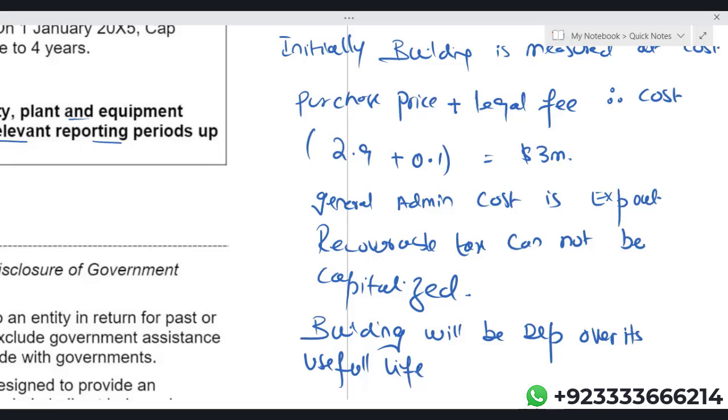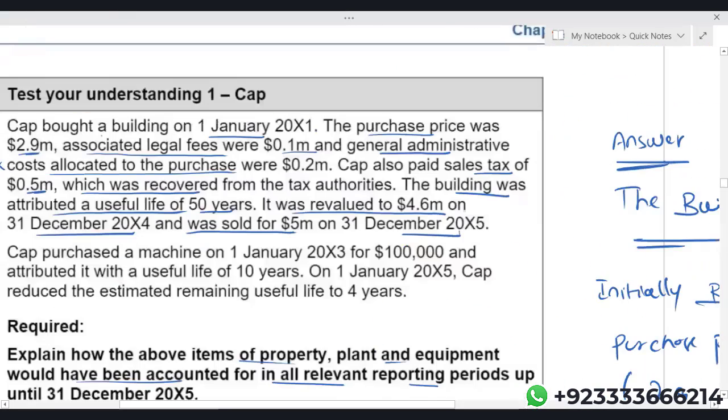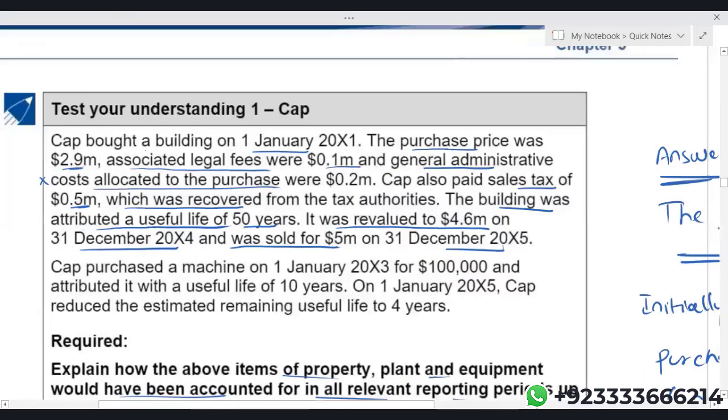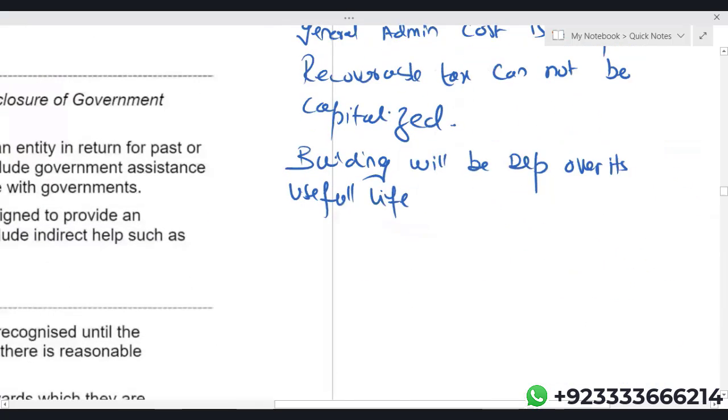Under the straight line method, what do we do? Cost minus residual value divided by useful life. But obviously, when there is no residual value, then cost divided by the useful life. Okay, now. So annual depreciation: 3 million divided by 50. Can I say the annual depreciation is 0.06 million?